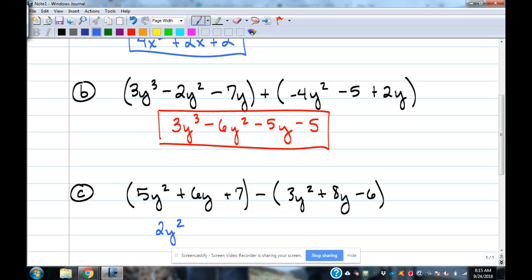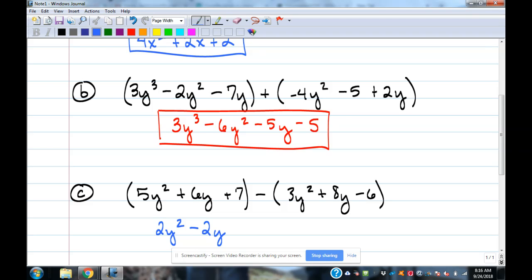Then we go down. The next is plain y. Positive 6y minus positive 8y, negative 2y. And here's where it gets tricky, and everybody always misses it on these signs. Signs are the most common mistake you guys make, and you're not the only ones.